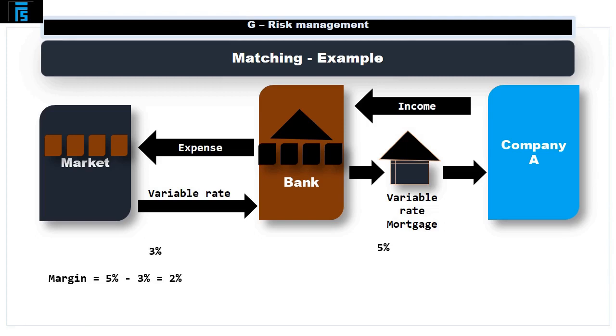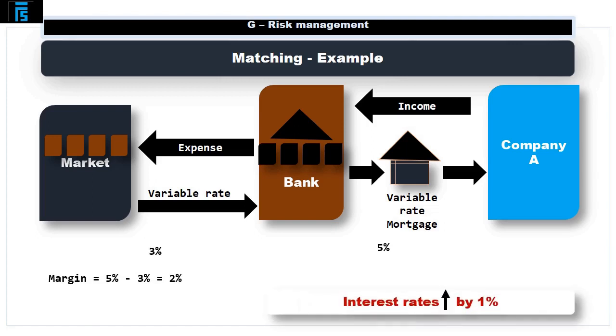If, let's say, interest rates on the market rose by 1%, then this would mean the income from the customer would increase from 5 to 6%, and the interest we have to pay to finance that customer would increase from 3 to 4%. The bank's income is still 6 minus 4, or 2%. This protects the bank's exposure to increases and decreases in interest rates.